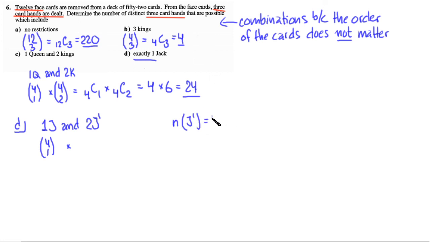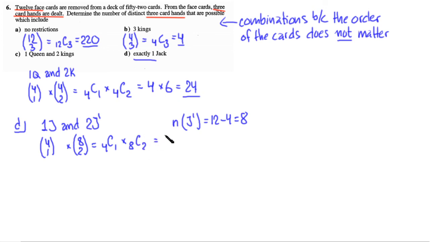Actually, it's going to be 12 minus the 4 jacks, so 8. So the 8 cards among the face cards that are not jacks that we can choose for the 2 other cards. So it's going to be 8 choose 2. If we prefer C notation, it's going to be 4 choose 1 times 8 choose 2.